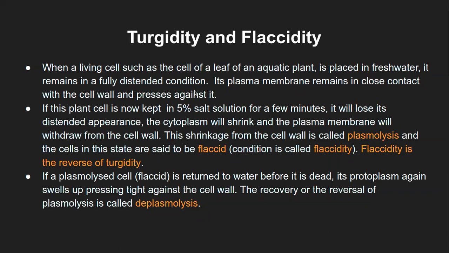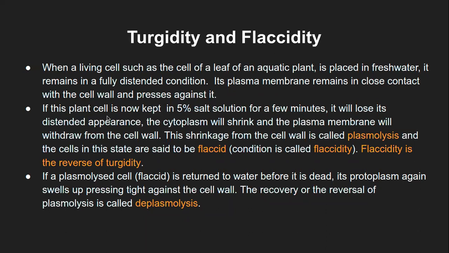That is obviously because if it is in the presence of a lot of water, the water will keep getting absorbed within the leaf structure, because the leaf will anyway have a higher concentration of solute than the water source around it, and its plasma membrane will remain in close contact with the cell wall and press against it, that is the turgid state.